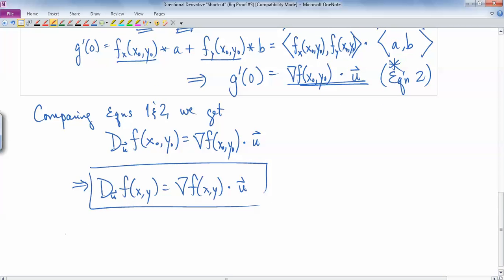And then we can do a concluding sentence. If f is a differentiable function of x and y, then we know that the gradient of f has to exist because I can take f sub x and f sub y, so I can definitely make a vector out of them.